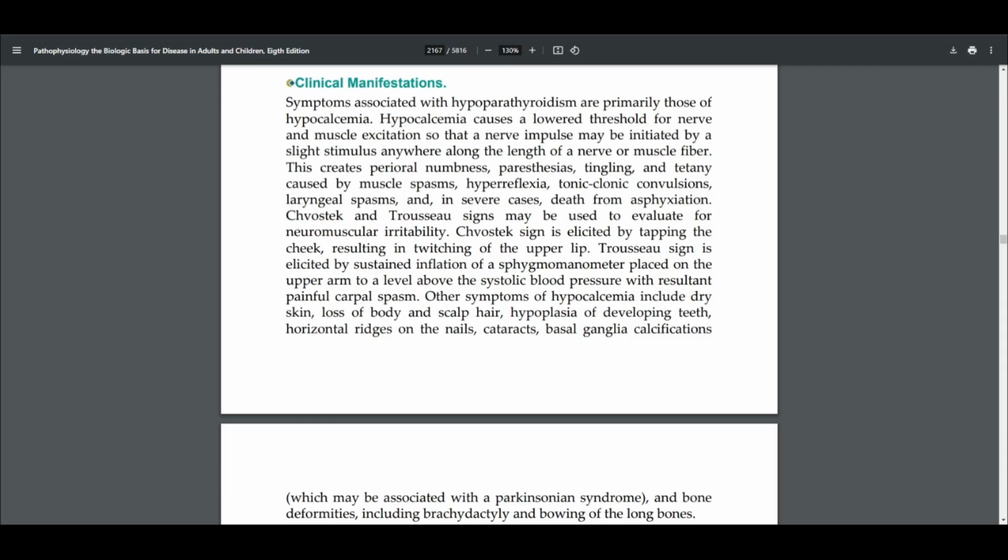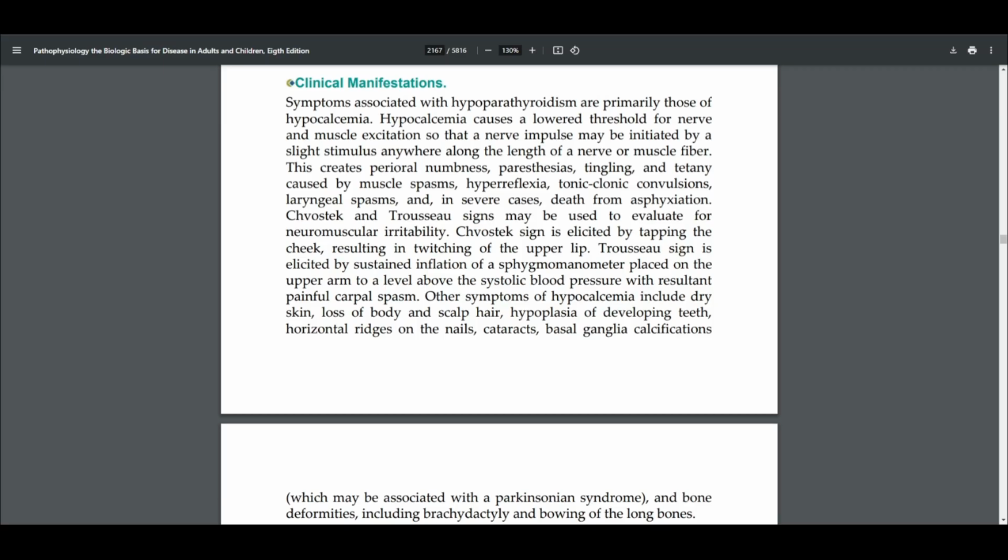This creates perioral numbness, paresthesias, tingling, and tetany caused by muscle spasms, hyperreflexia, tonic-clonic convulsions, laryngeal spasms, and in severe cases, death from asphyxiation. Chvostek and Trousseau signs may be used to evaluate for neuromuscular irritability.